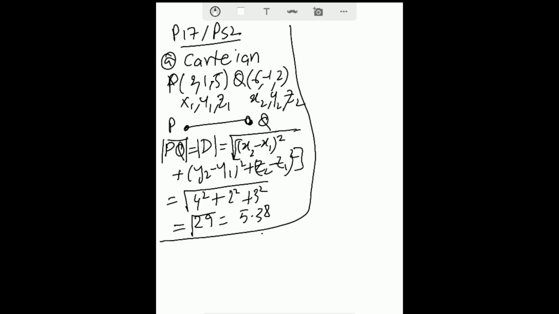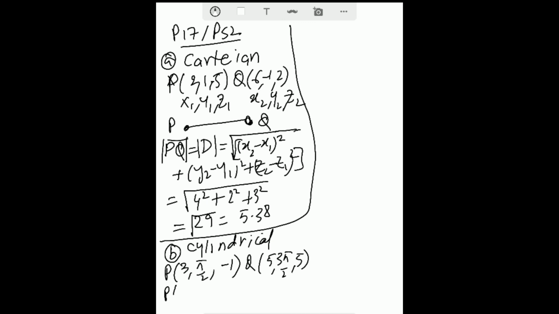Now the second question is, I have 2 points given in the cylindrical system. Again I will use the same formula, but I need to convert the points into Cartesian first. So P is 3, 3 pi by 2 and minus 1, and Q is 5, 3 pi by 2 and 5.